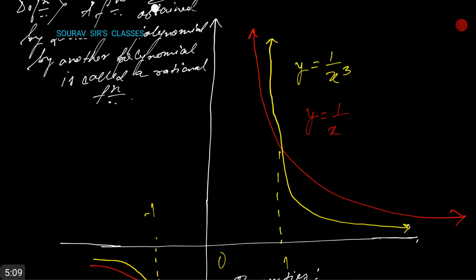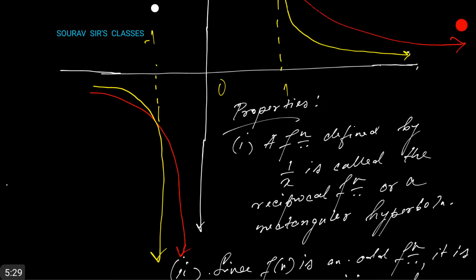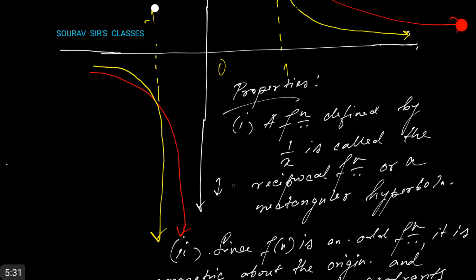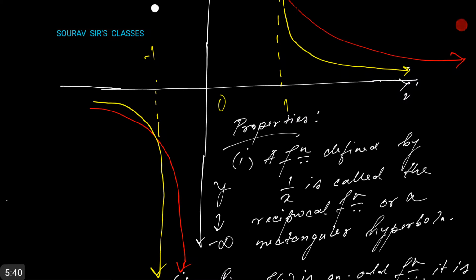Now look at the graph here. These are the values of y, obviously, and these are the values of x.